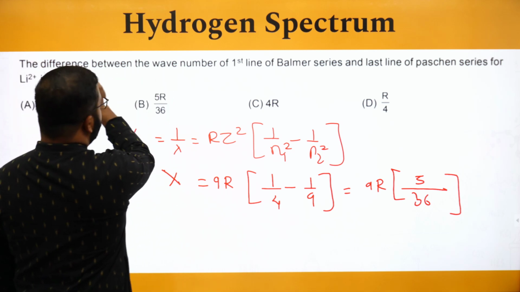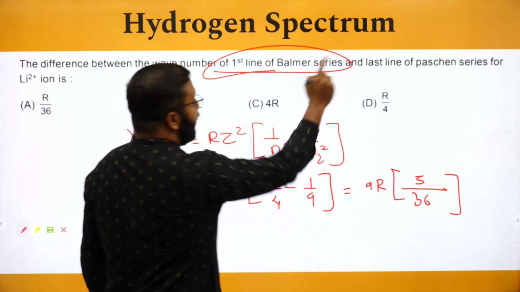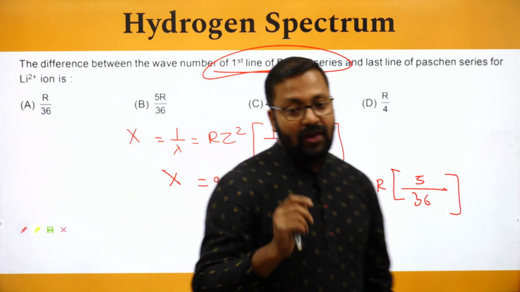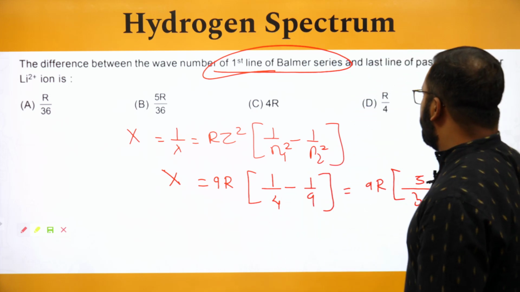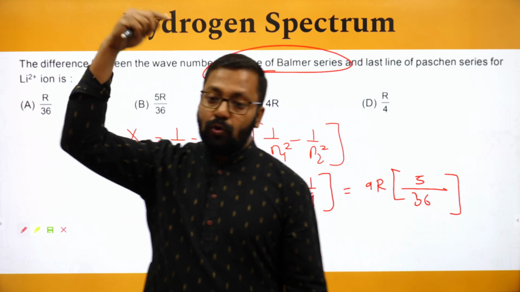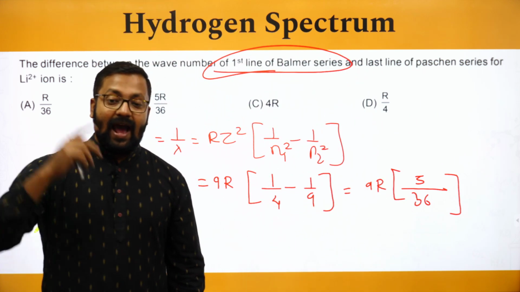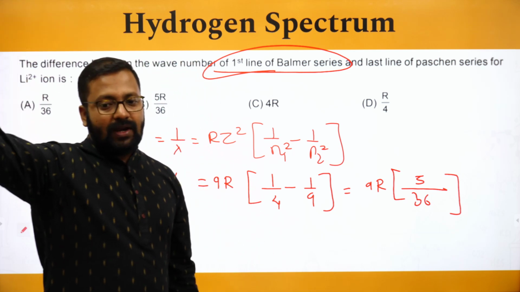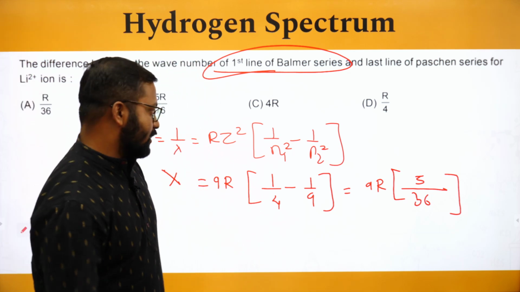This is for the first line of Balmer, and last line of Paschen. The last line of Paschen will be the one given out when the jump from infinity to 3 takes place. What will the last line be? A jump from infinity to third.